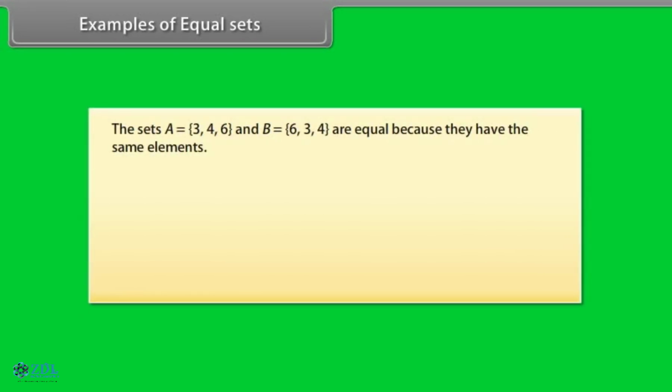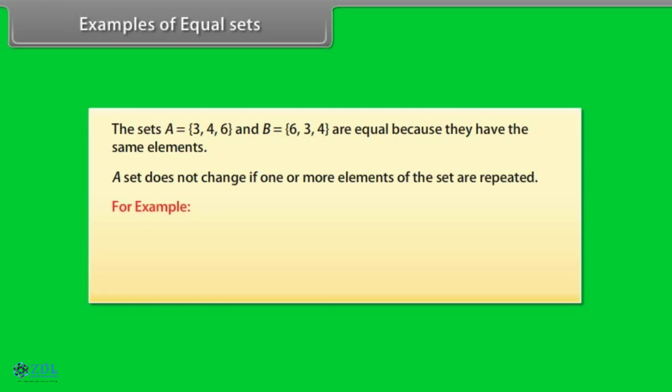Examples of equal sets. The sets A is equal to {3, 4, 6} and B is equal to {6, 3, 4} are equal because they have the same elements. A set does not change if one or more elements of the set are repeated.